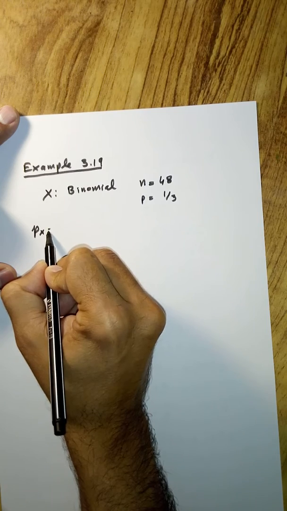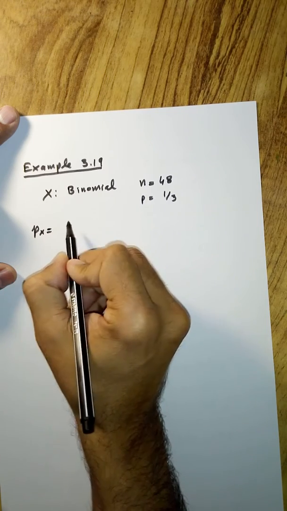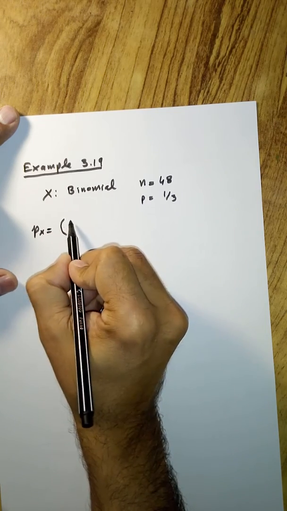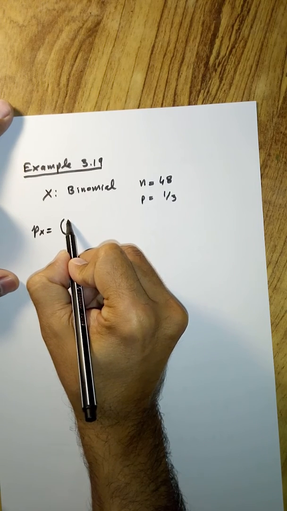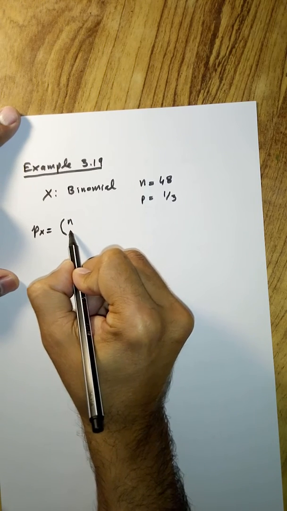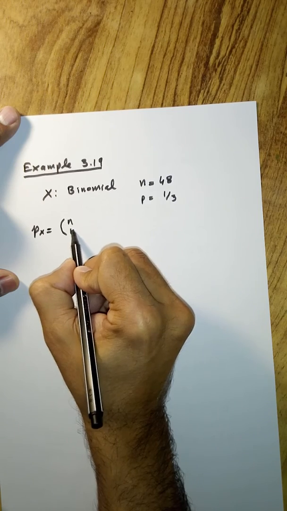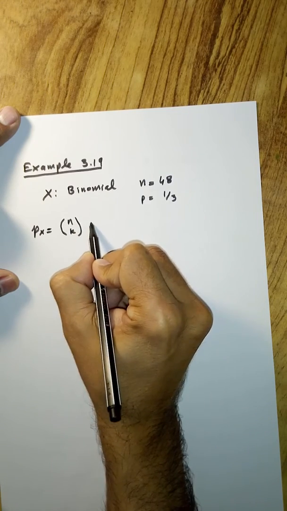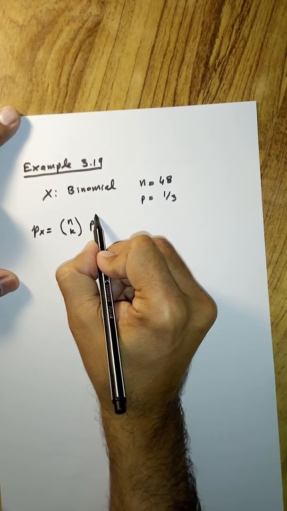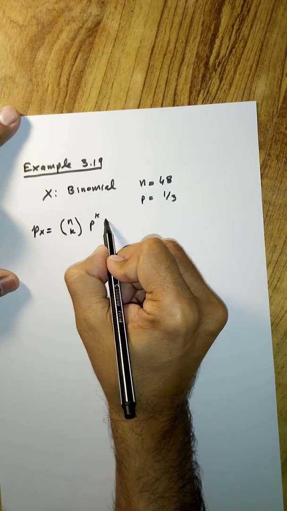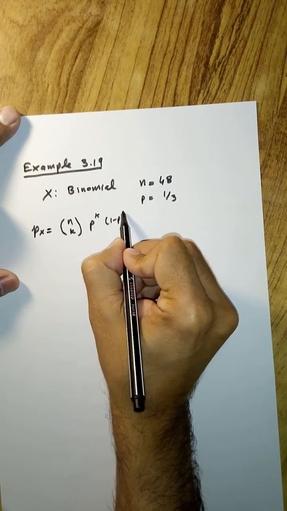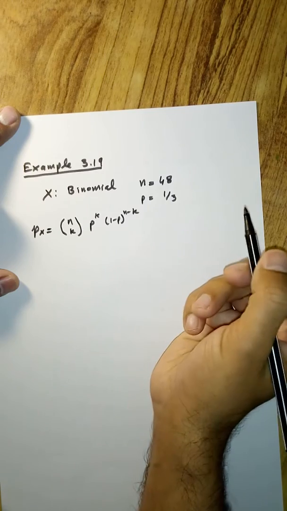The PMF of a binomial random variable, we have already seen, is just n choose k, p to the power k, (1 minus p) to the power n minus k. Remember that?